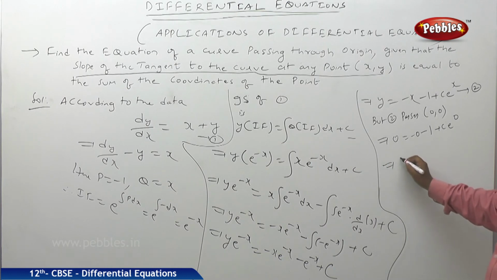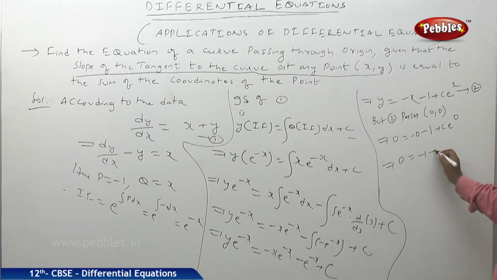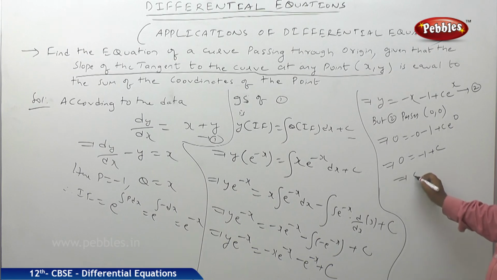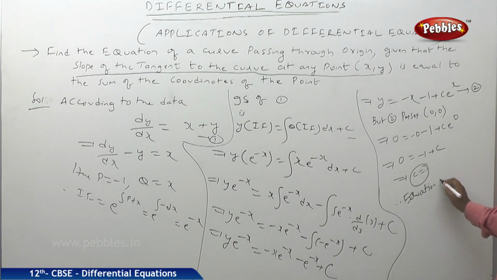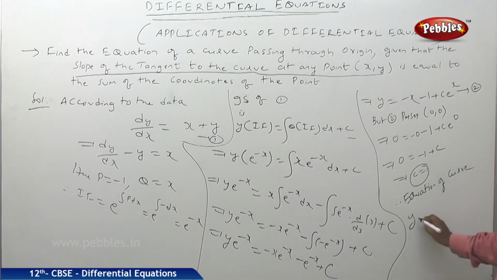So finally 0 equals minus 1 plus c. That implies c is equal to 1. We need to put c equal to 1 here. Therefore finally, what is our equation of the curve? y equals minus x minus 1 plus e power x, which is our required solution.